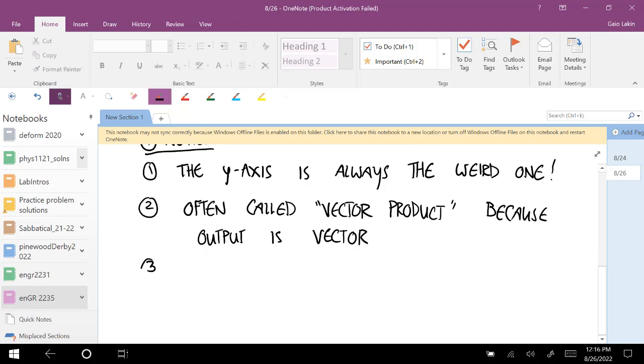Third, the output vector is always perpendicular to both input vectors.